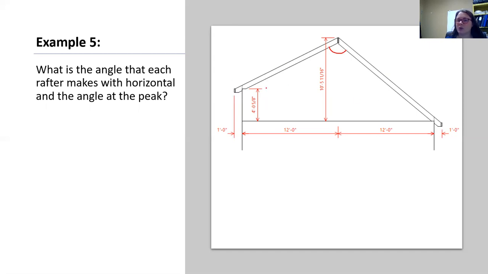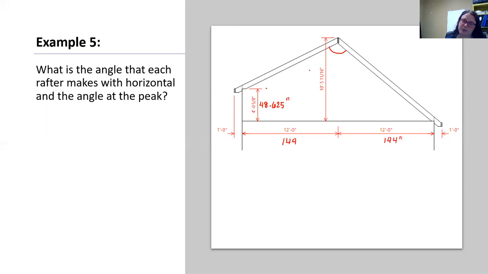Now the first thing you'll want to do is probably convert your fractions into decimals. So this one, 4 feet is 48 inches, and 5/8 of an inch is 0.625. So that's 48.625 inches. This is going to be 144 inches, and this is 144 inches.